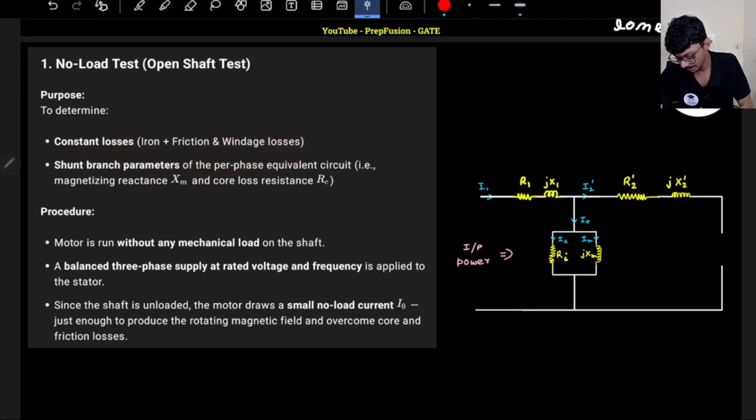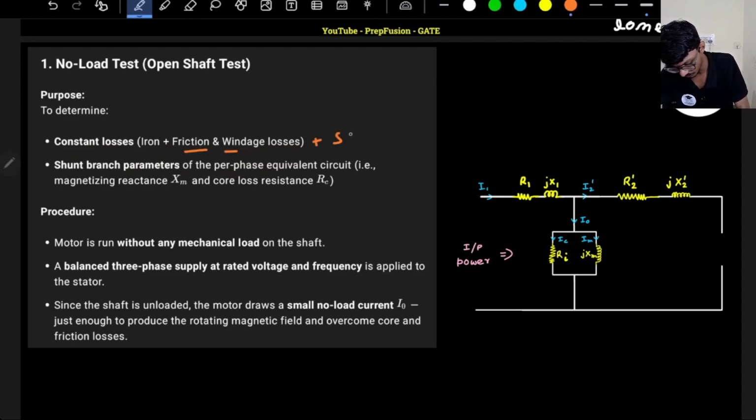And why can I not ignore the friction and windage plus the stator copper loss? Why can I not ignore the stator copper loss?